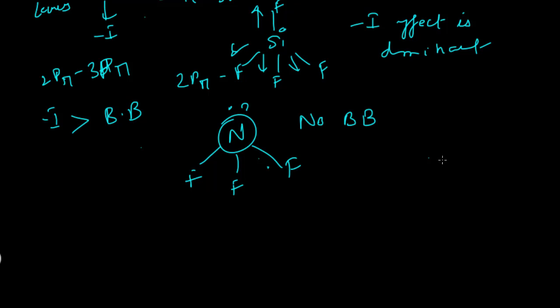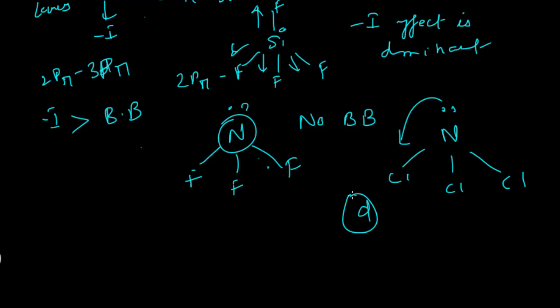Whereas in the case of NCl3, there is back bonding, right? This lone pair can go to this d orbital. It has an incomplete d orbital, right? So this lone pair can go there.